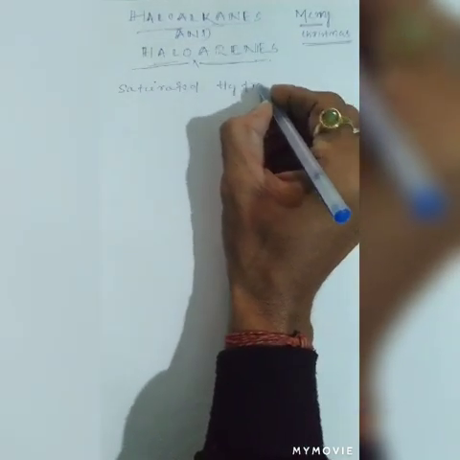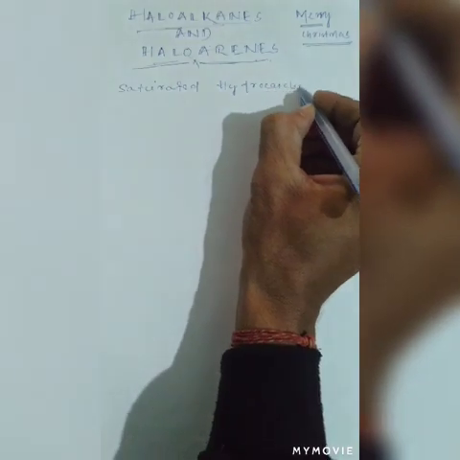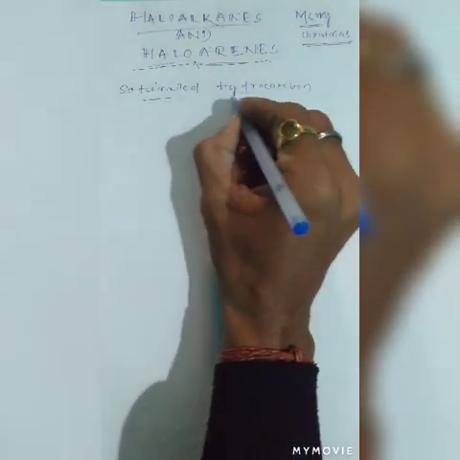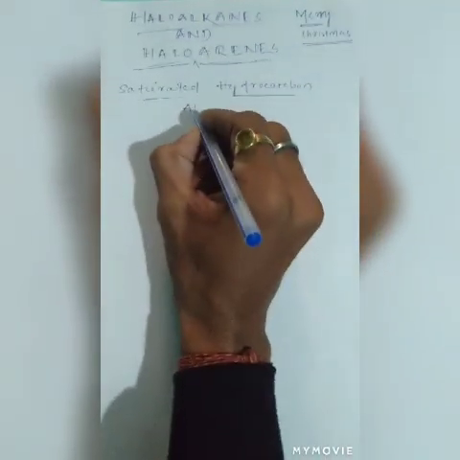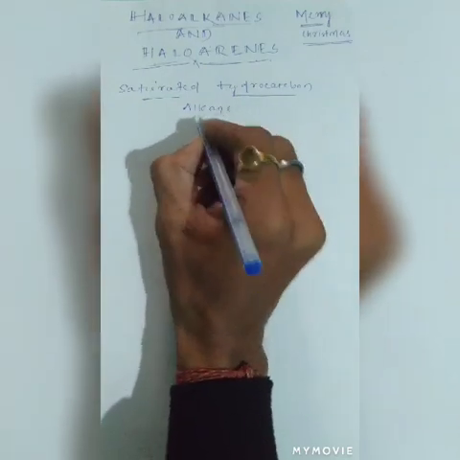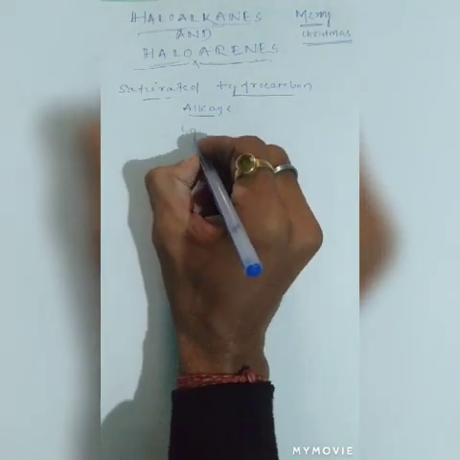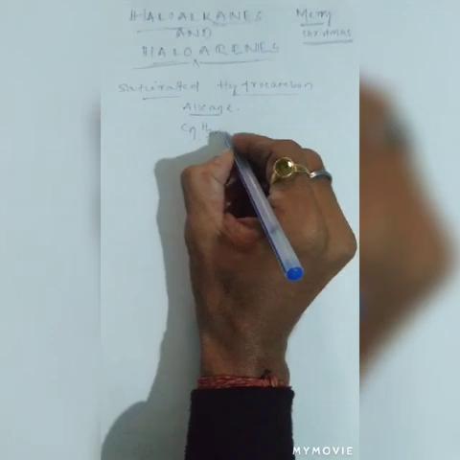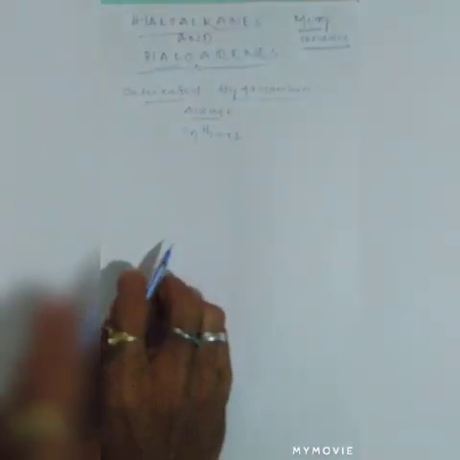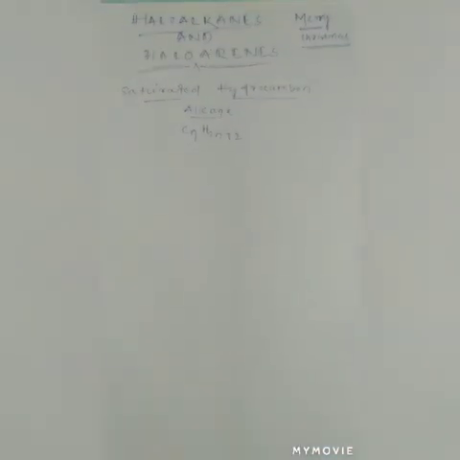Saturated hydrocarbon means it includes only the alkane group. You know the general formula of alkane is CnH2n+2.